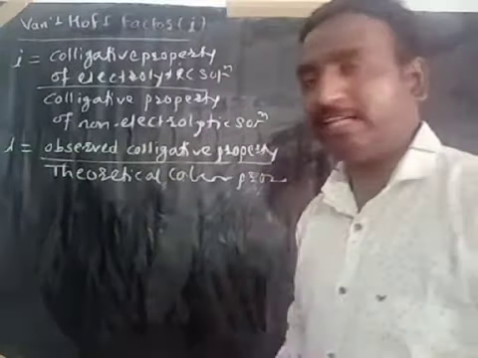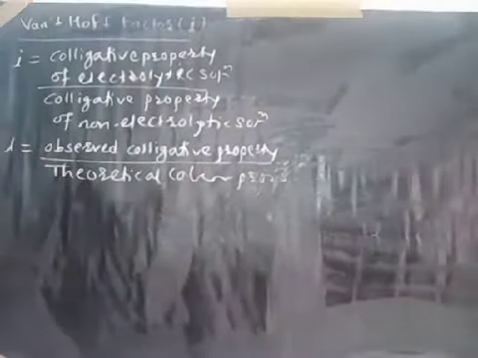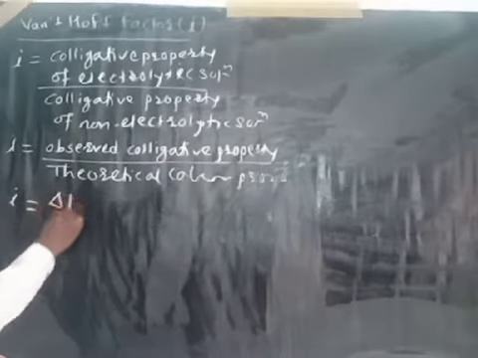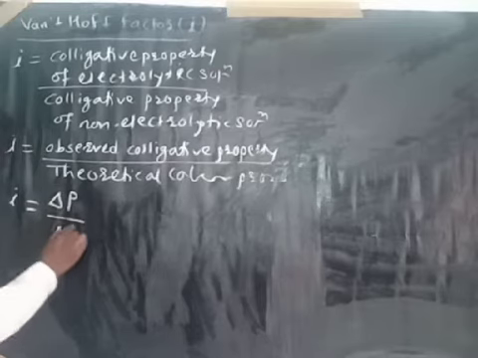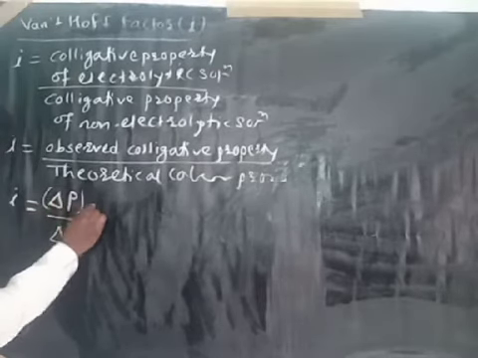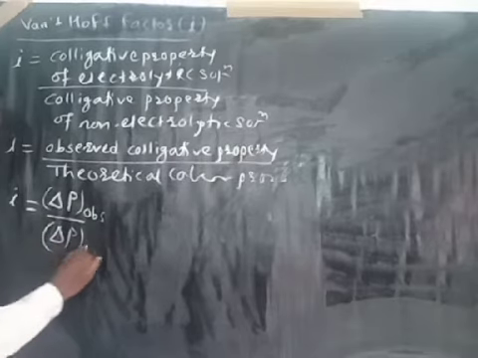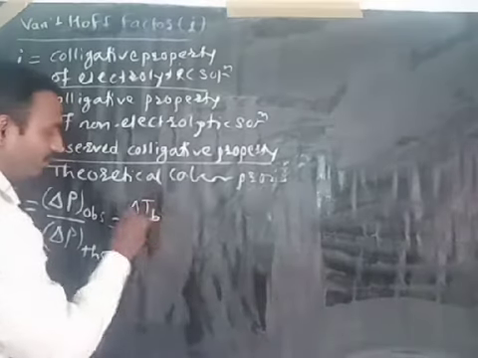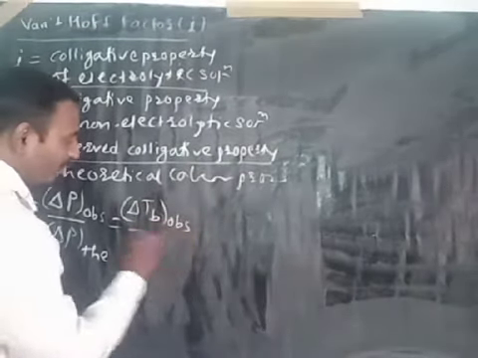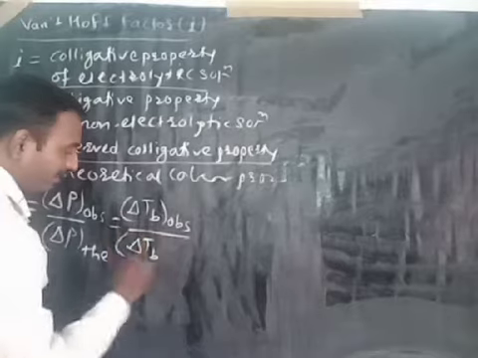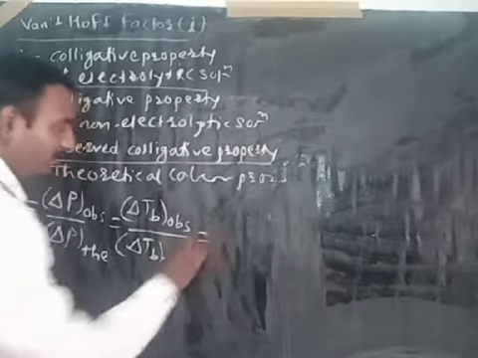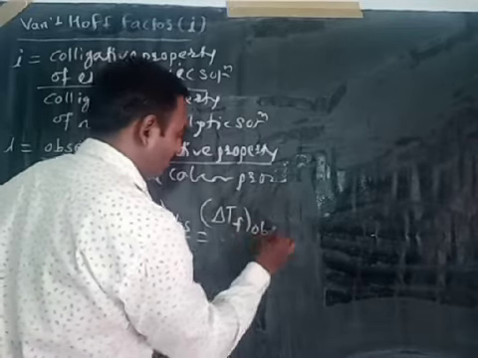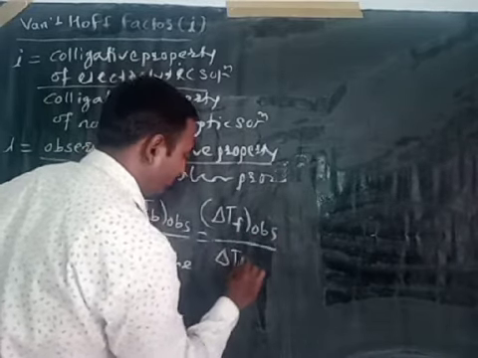We can put the mathematical expression for i in terms of each colligative property. For lowering of vapor pressure, i is equal to delta P observed upon delta P theoretical. For elevation in boiling point, delta Tb observed upon delta Tb theoretical. For depression in freezing point, delta Tf observed upon delta Tf theoretical.